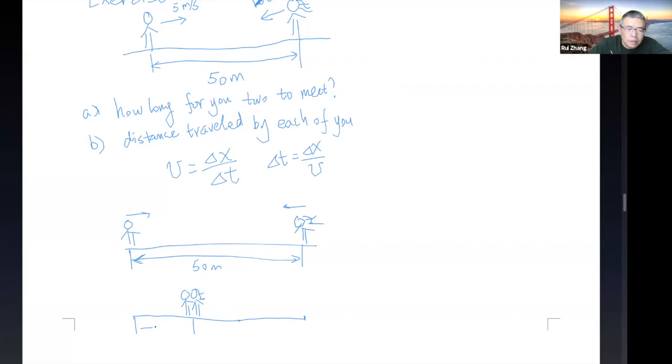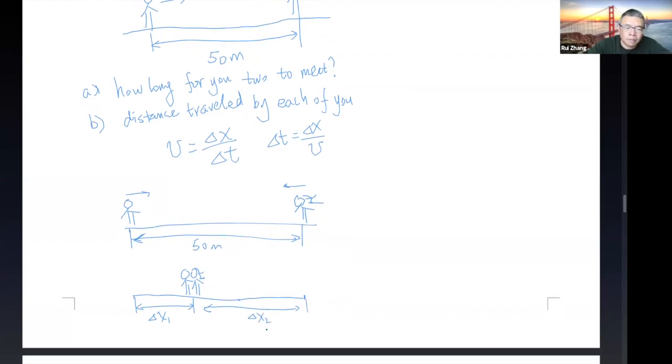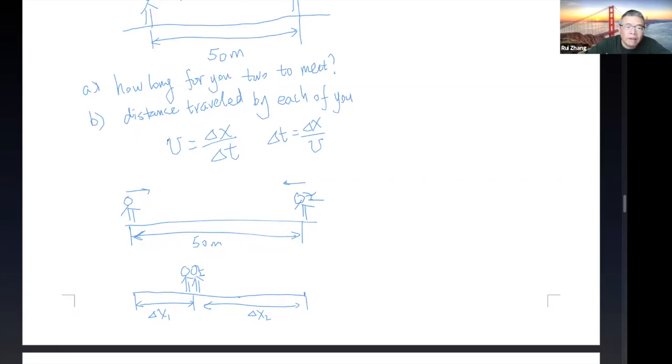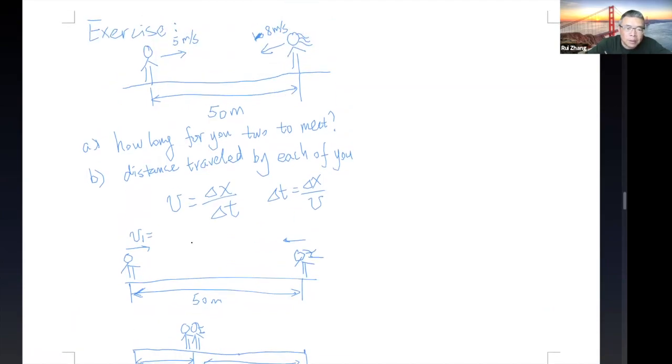Now there'll be a distance traveled by this person, and a distance traveled by the second person: delta x1 and delta x2. What we're given: V1 equal to 5 meters per second, and V2 equal to 8 meters per second.